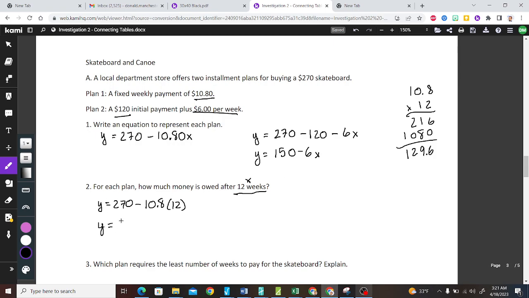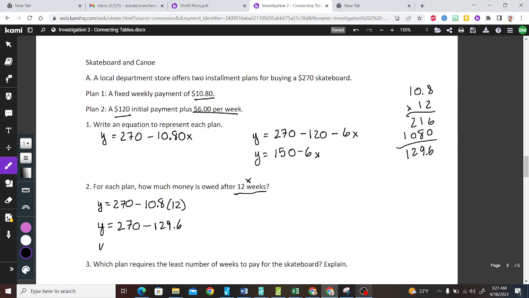After 12 weeks on Plan 1, the amount of money owed, oh, wait, whoa, hold on, I'm not there yet. What I have so far is 270 minus $129.60.